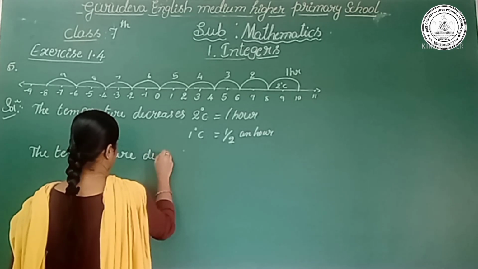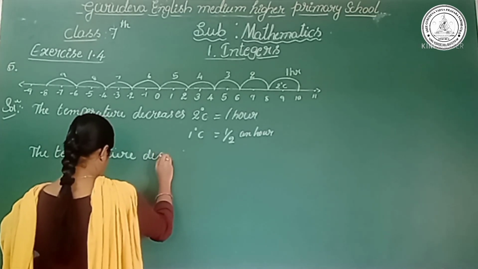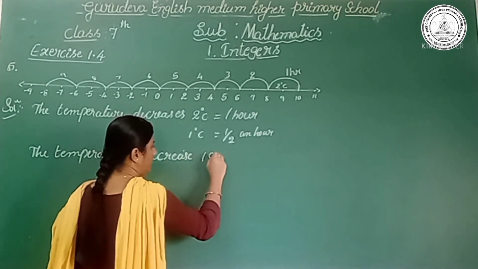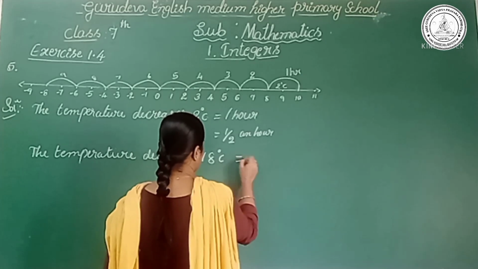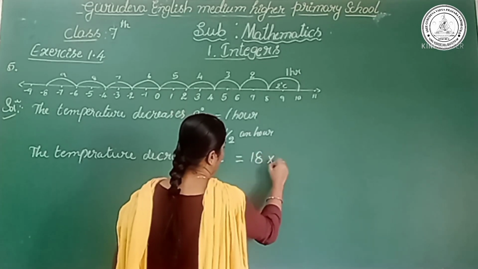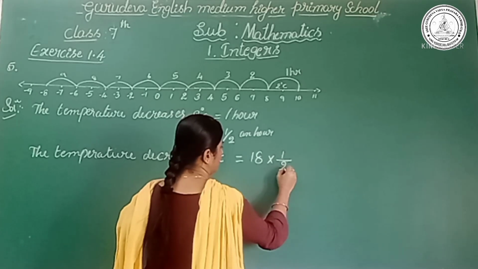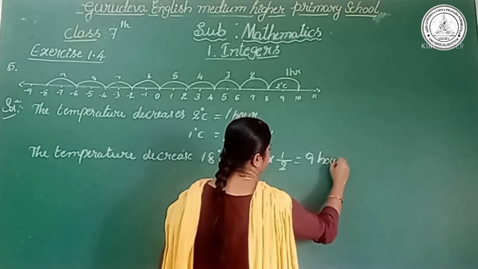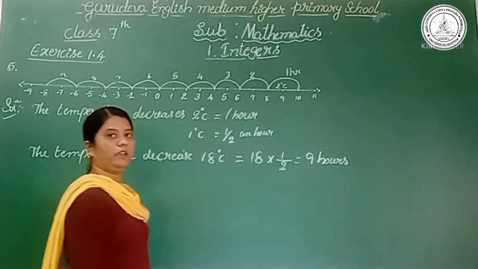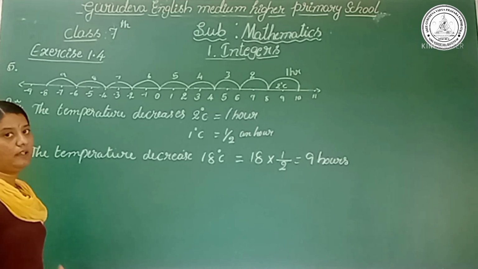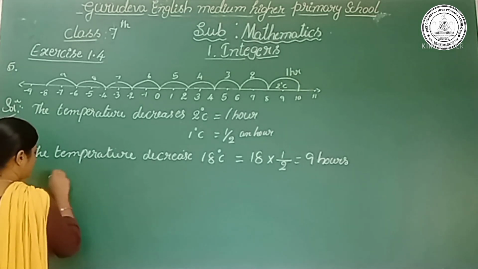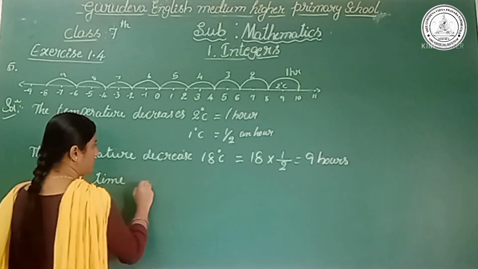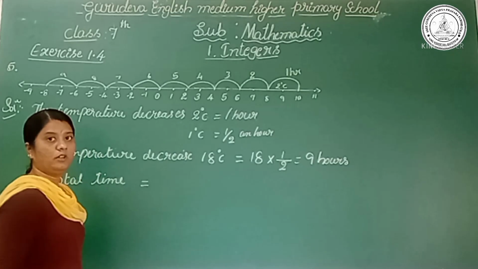18 degrees Celsius, which is equal to 18 into half an hour, which is equal to 9 hours. We get that is 9 hours. Okay? Yes. What is the total time? Yes, the total time is equal to, it is in the afternoon 12 o'clock, right?